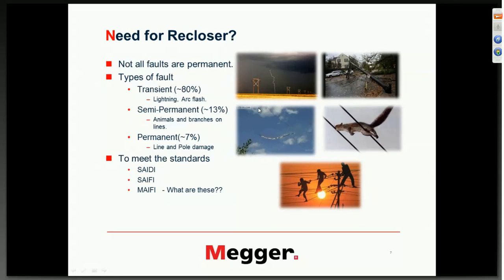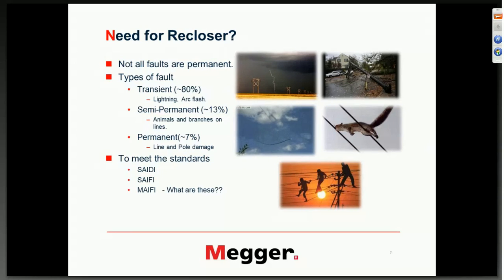But the third picture shows you a branch of a tree on a transmission line, where the current is capable of destroying or completely burning the branch, and then after a while, maybe 5 or 6 or 7 seconds later, the fault clears by itself.